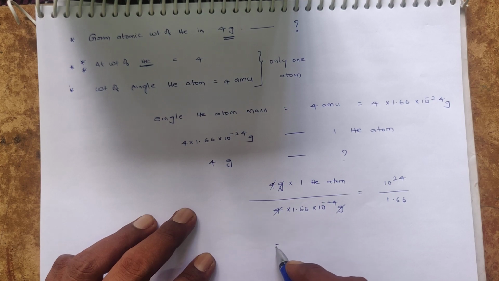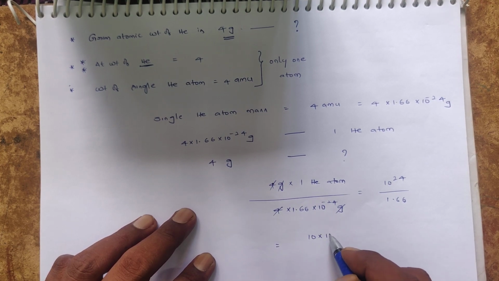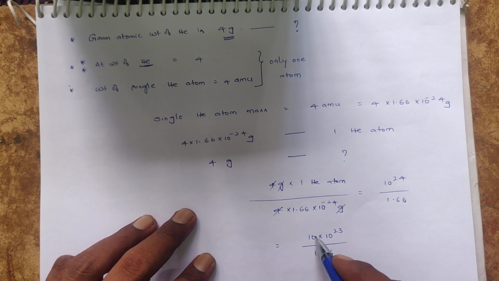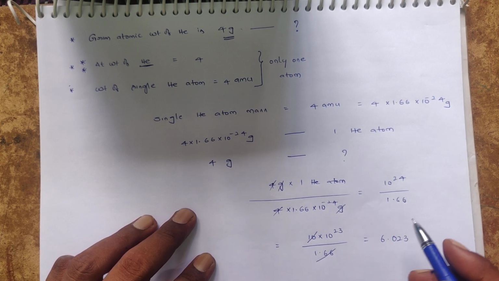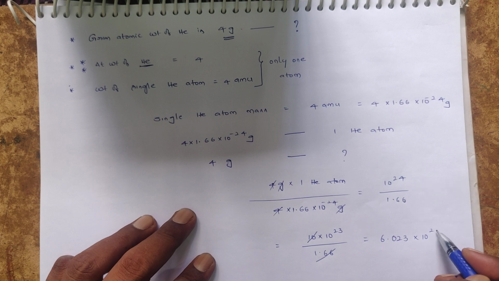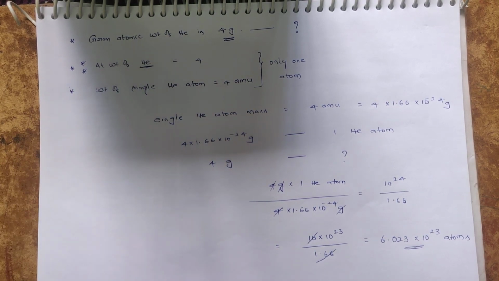So here, shall we write it as 10 into 10 power 23 by 1.66? If you divide 10 by 1.66, we will get a value that is 6.023. Already 10 power 23 is present, so 6.023 into 10 power 23. These many atoms are present in 4 grams of helium.